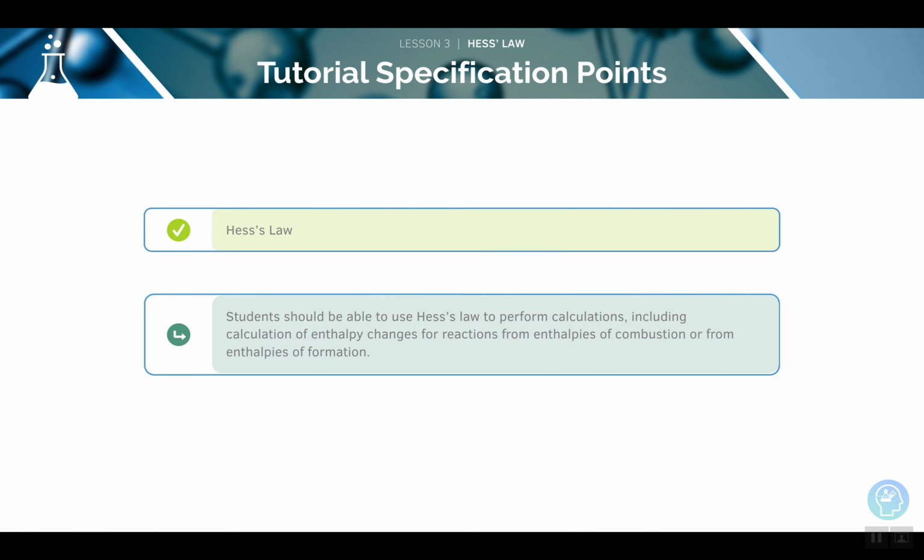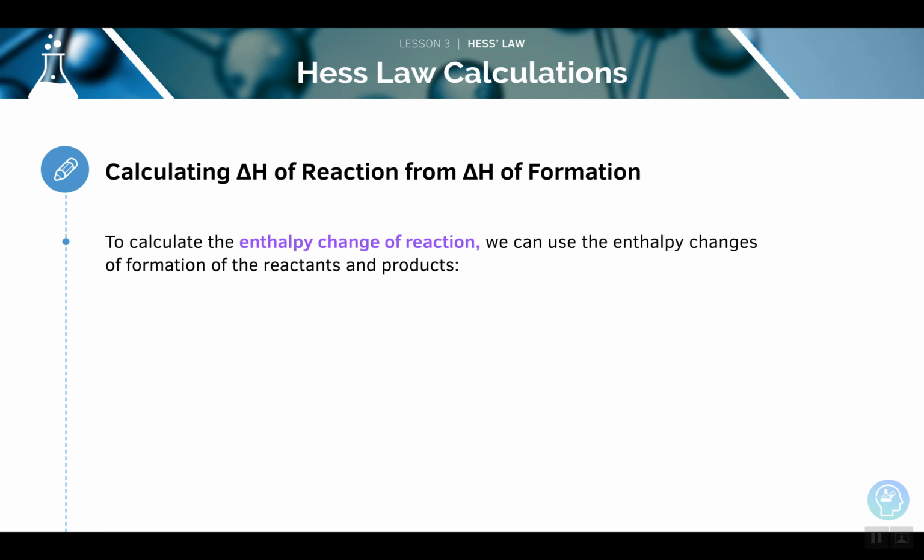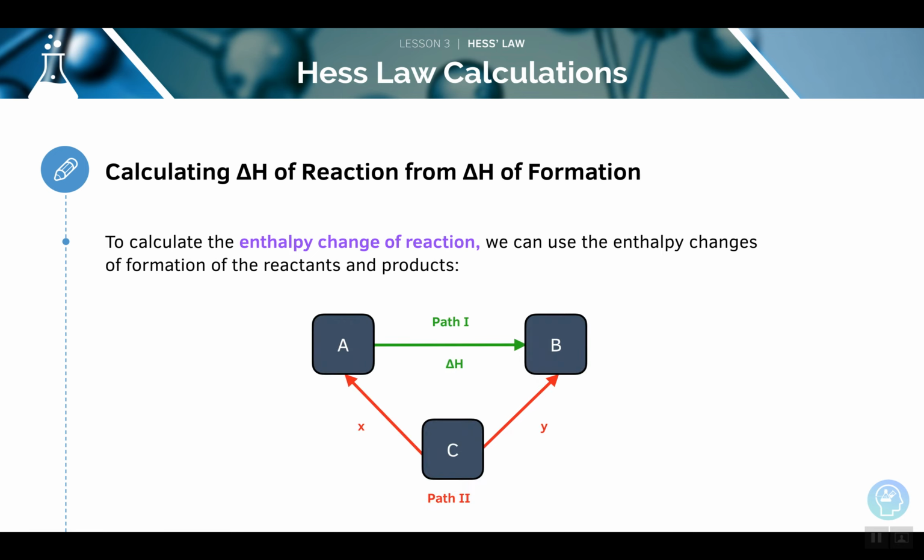Now, we'll be looking at performing calculations with Hess's law, including the calculation of enthalpy changes from reactions. To calculate an enthalpy change, we need to use the enthalpy changes of formation of the reactants and products. If we have the reaction A goes to B, we can form a Hess's triangle.